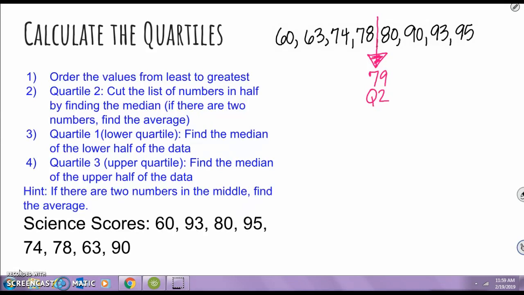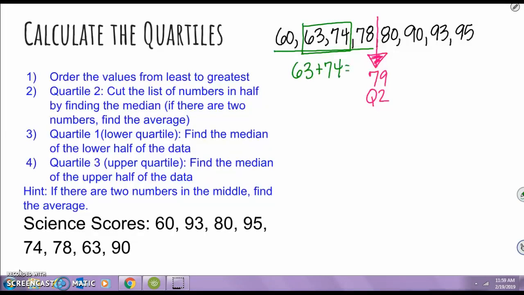To find quartile 1, we are going to look at the lower half of our data. Quartile 1, or the lower quartile, is the median of the lower half of data. My lower half of data has 2 numbers in the middle, 63 and 74.